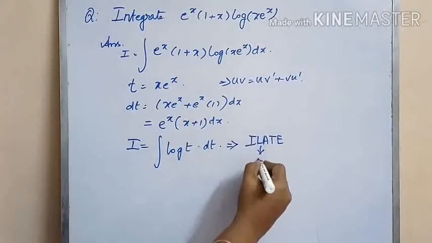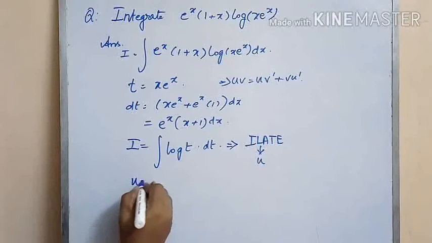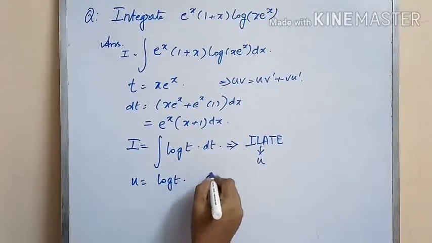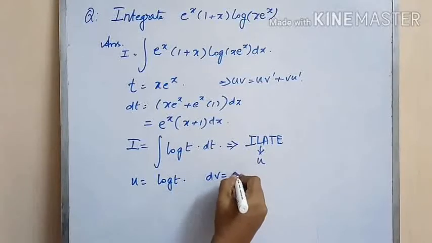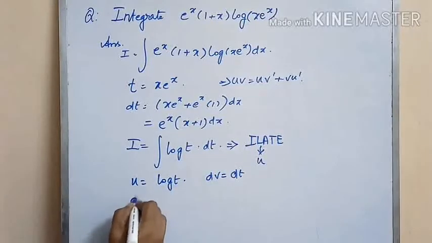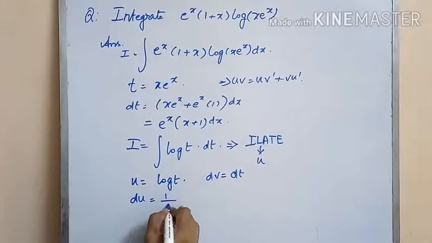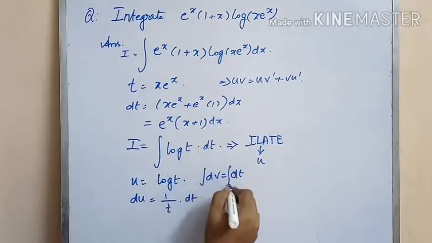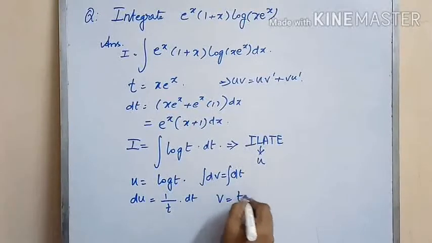This can be integrated using ILATE. So u should be considered as log t and dv is equal to dt. We get du is equal to 1 by t into dt. Integral of dv will give v is equal to t.